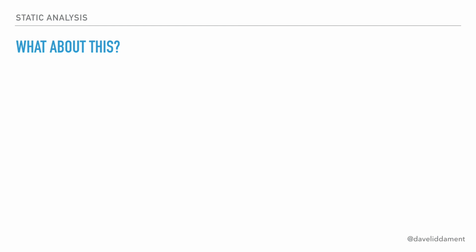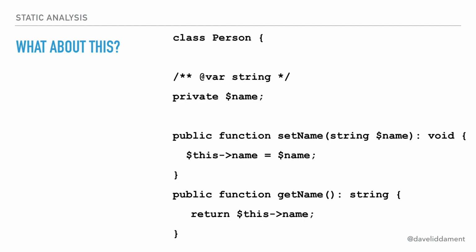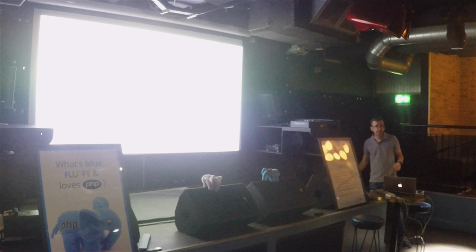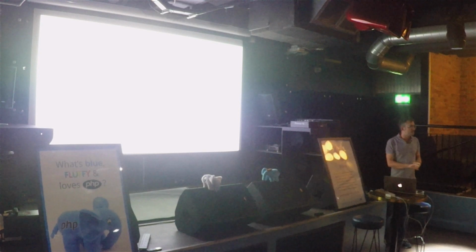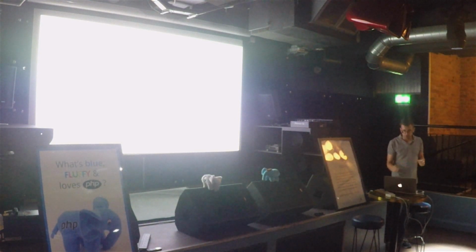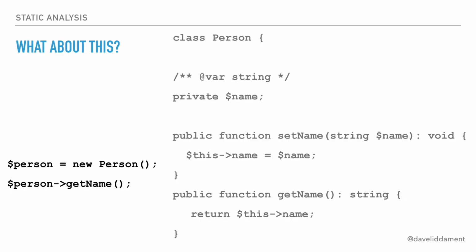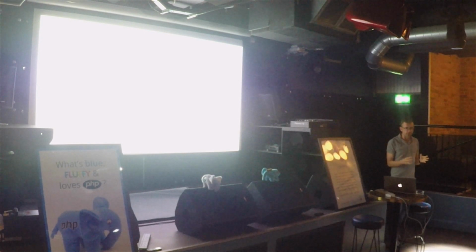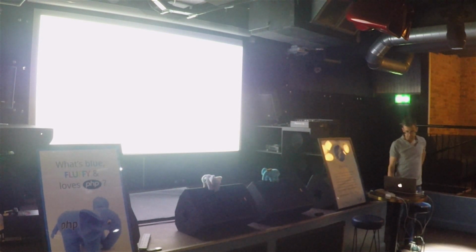Okay, but then we also had bugs like this. Is this a bug? Could this code ever become problematic? Is there any way we could execute this and it becomes a problem? What if we execute it this way: we create a person, and then for whatever reason, we immediately call getName on it.